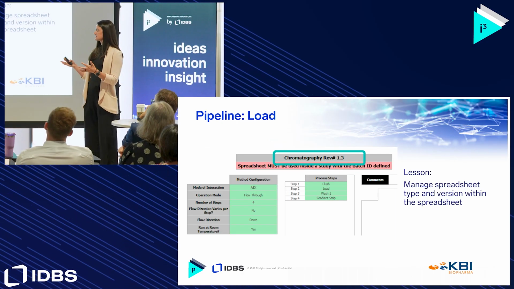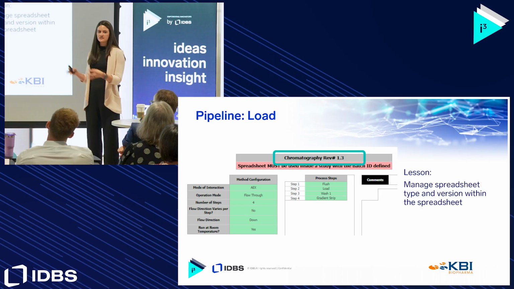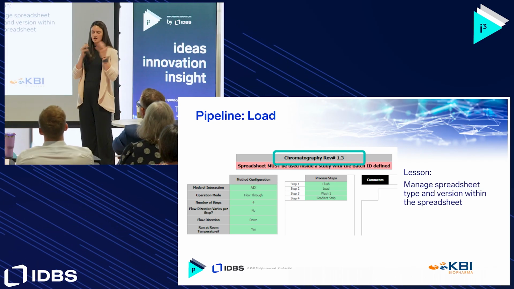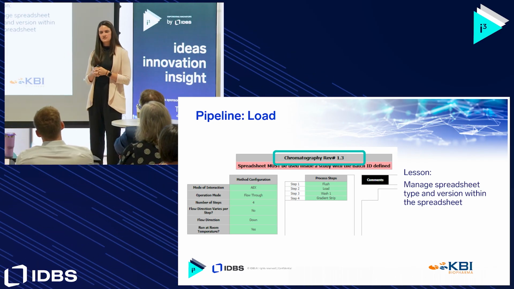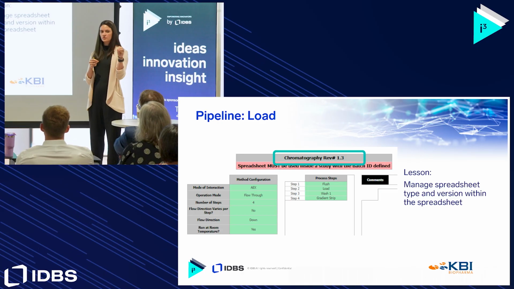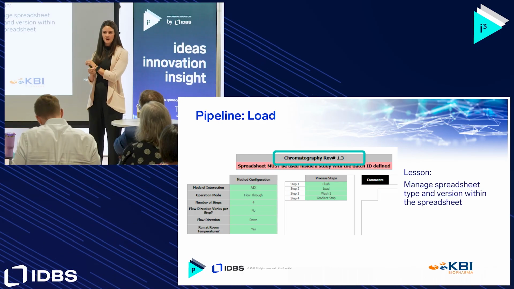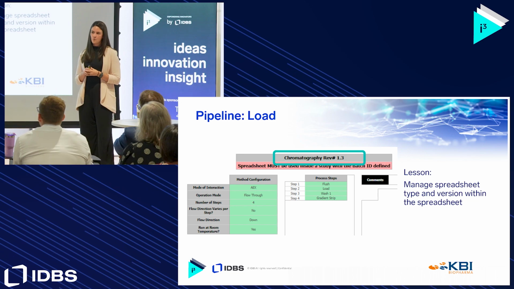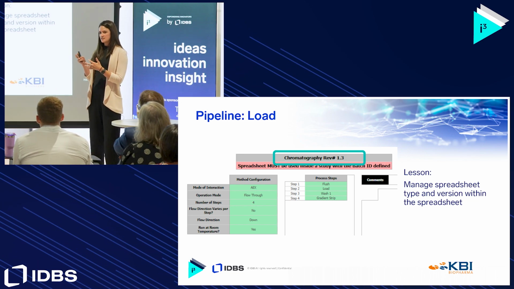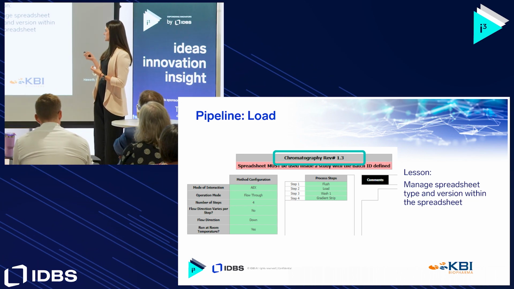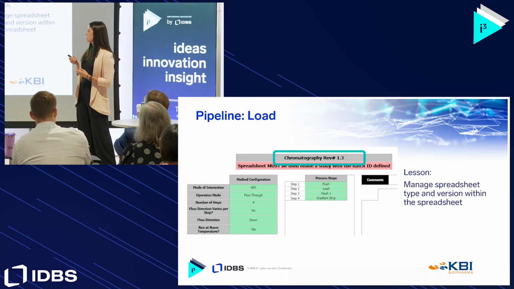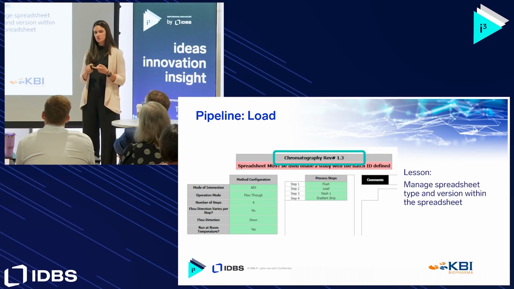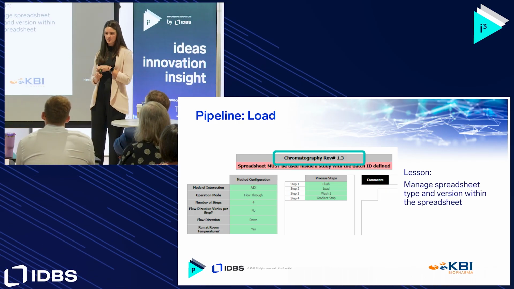So the next step of our pipeline is loading that data. There's lots of spreadsheets that we have in the ELN system, but we want to only select the spreadsheets that we care about that have been structured and are following all the processes that we require in order to process this data. And so to handle this, we've implemented inside of the spreadsheets version control and spreadsheet type management.